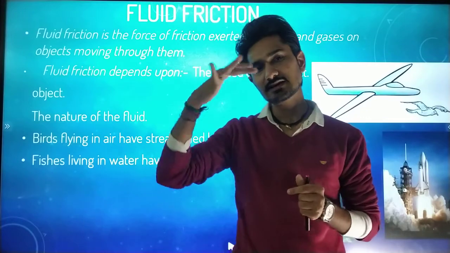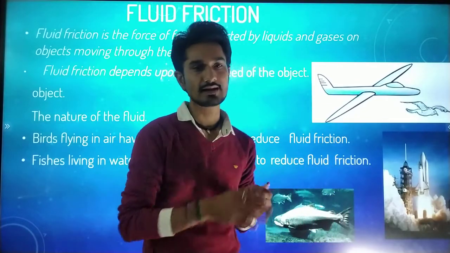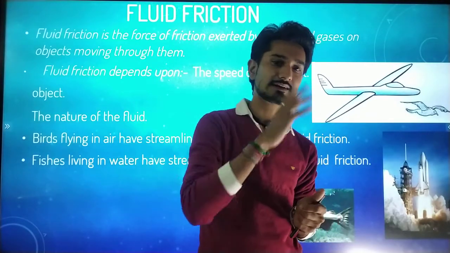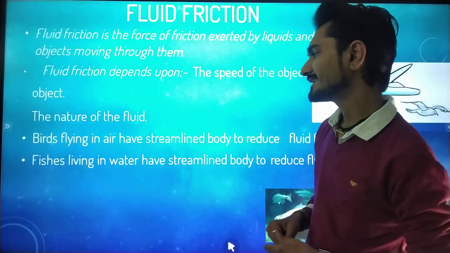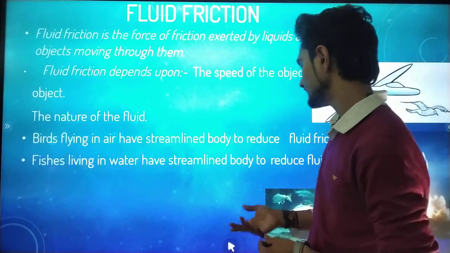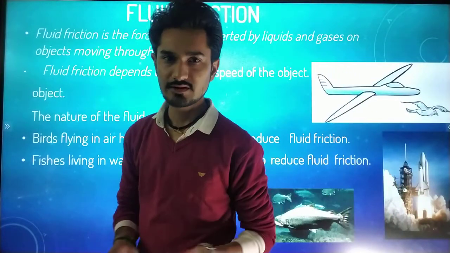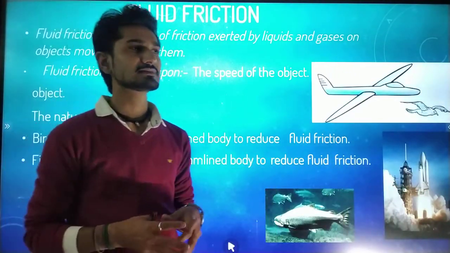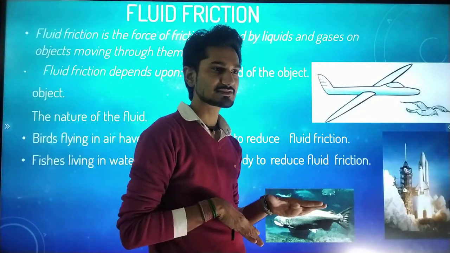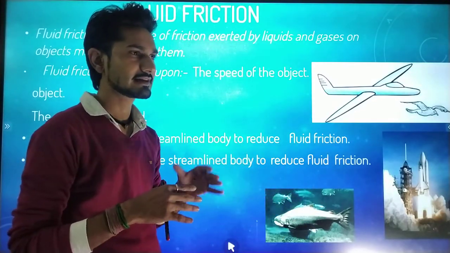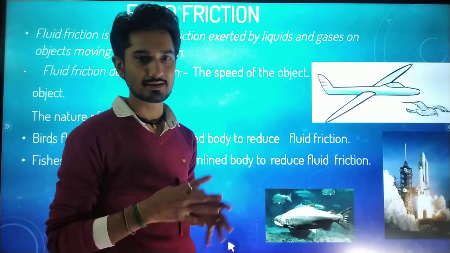So that's why they can reduce the friction and fly at a higher rate. Fishes living in water also have a streamlined body. A streamlined body makes friction less, and due to that, they can move at a much higher rate.